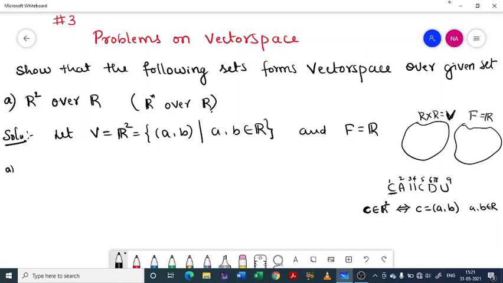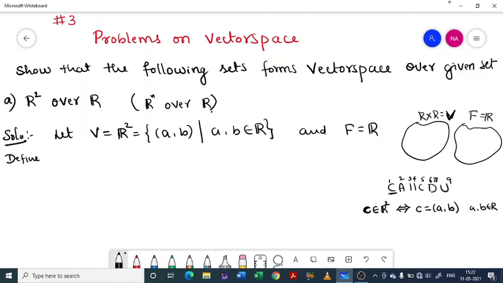Now let us come to the closure law, which you have to verify. Oh sorry, I forgot one more thing that is needed: how the operations are defined, which we have not done yet. So we have to define them. Generally they don't give you the operation, you have to define it.